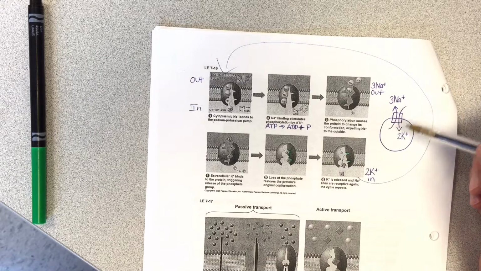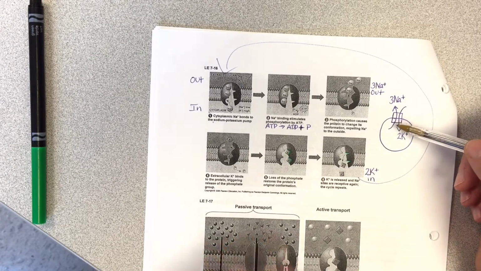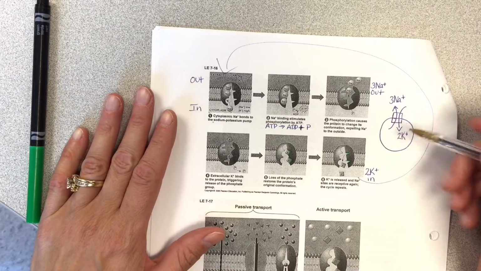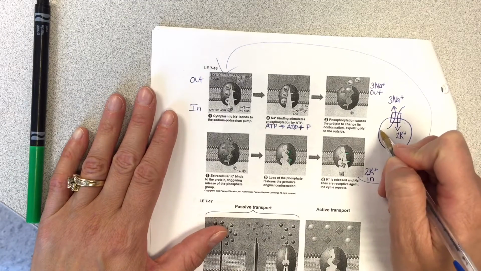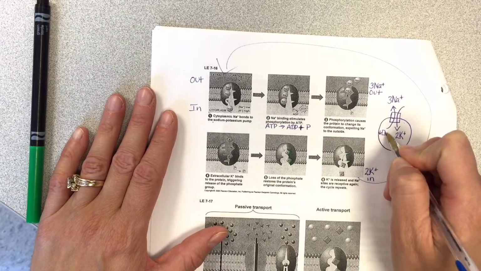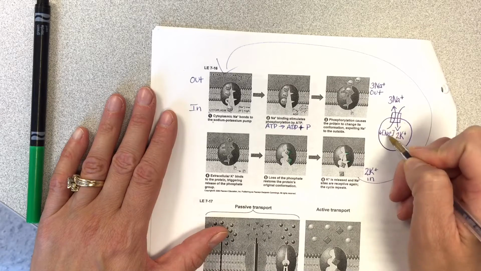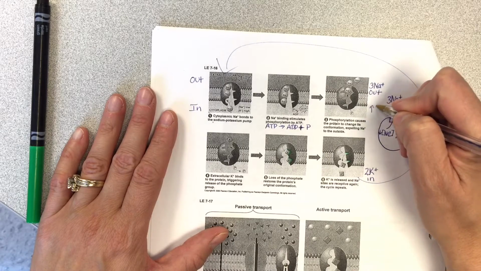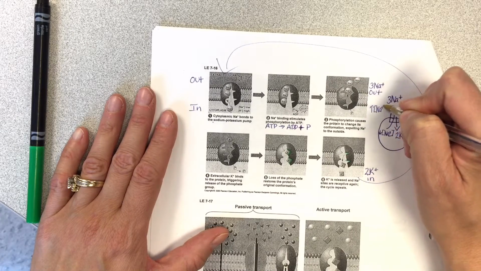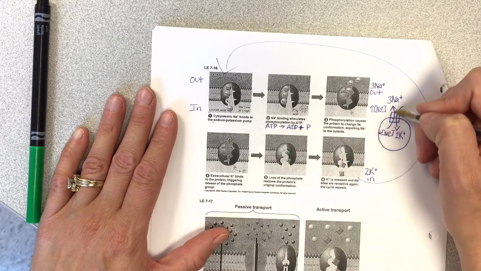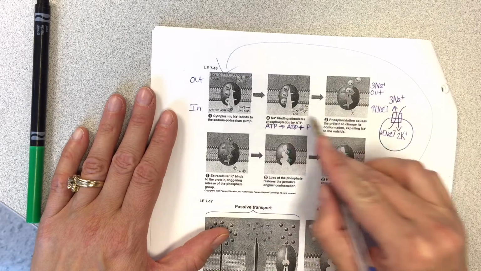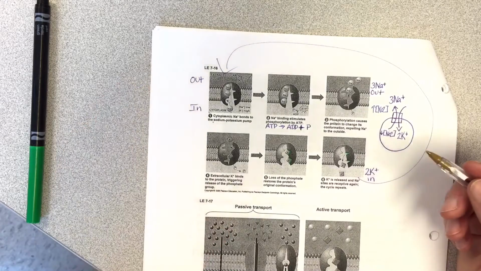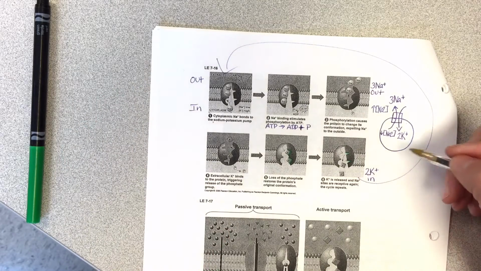Now, they're going against the concentration gradient, which would mean that your lower sodium concentration is on the inside, higher sodium concentration on the outside. And that's why sodium is going from low to high, which is why it requires ATP to pump it against its concentration gradient.